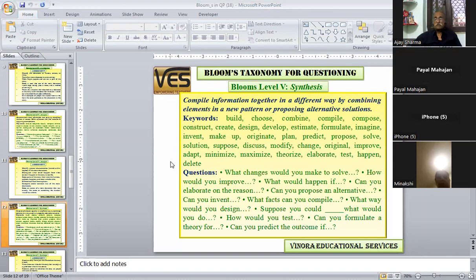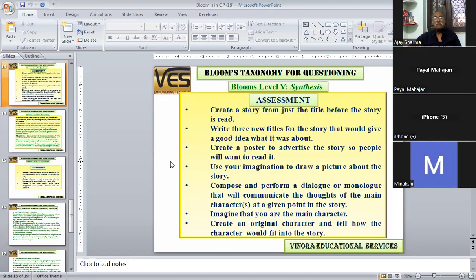All right, we move further now. What will be the assessment of synthesis? Creative: a title is given, and on it you have given them a story also. They have learned the story; they have the knowledge of what the story is. Now, you had told them Namak Ka Daroga. Create a story, Namak Ka Daroga, in present time.